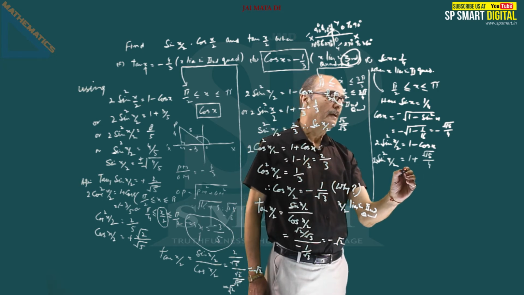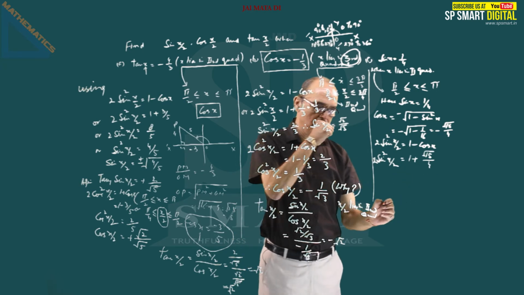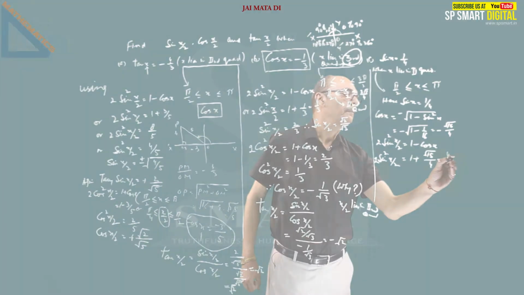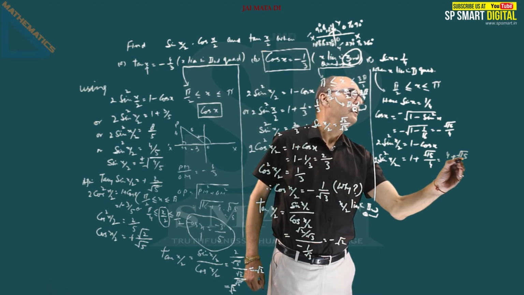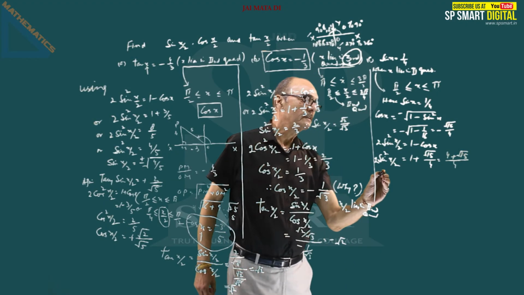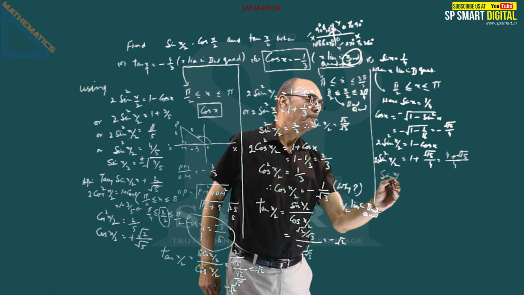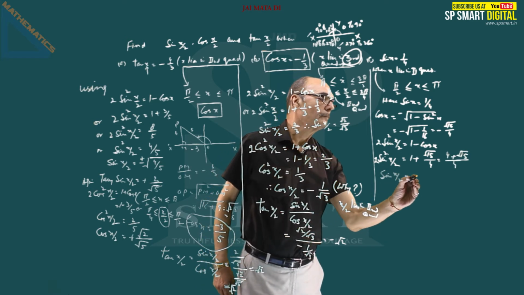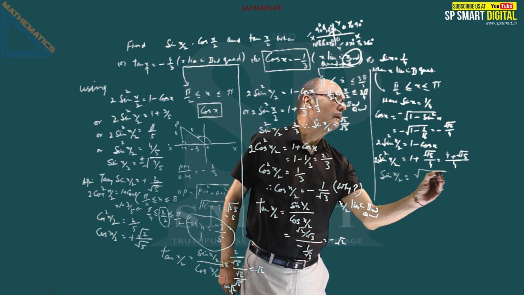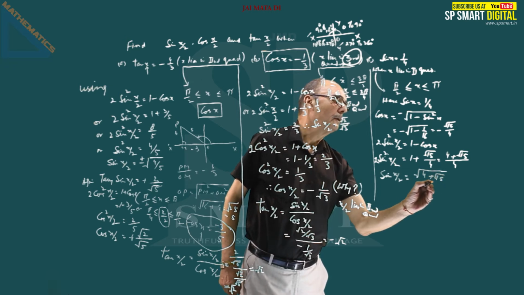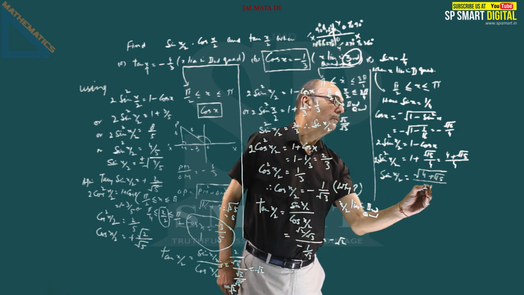If you simplify, 4 plus under root 15 by 4, and sin x by 2 is under root 4 plus under root 15 upon 2 root 2.